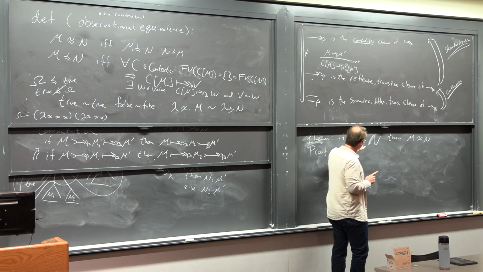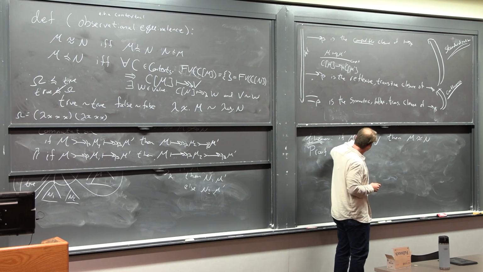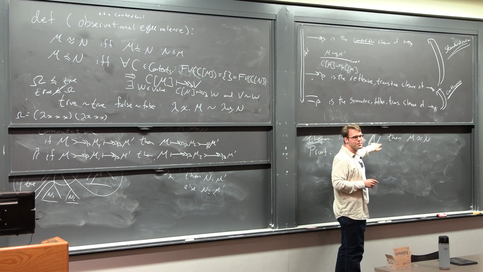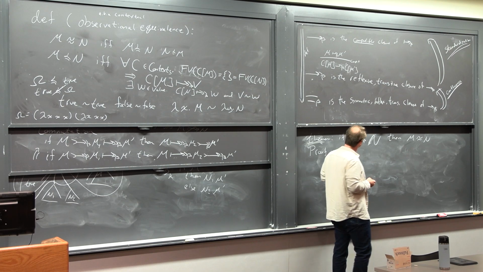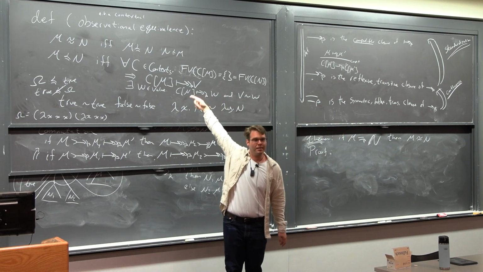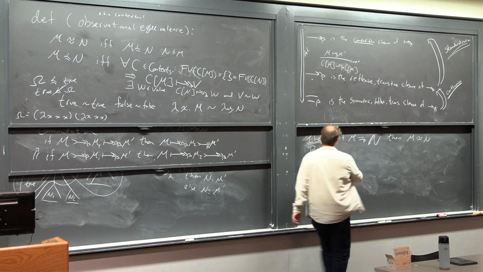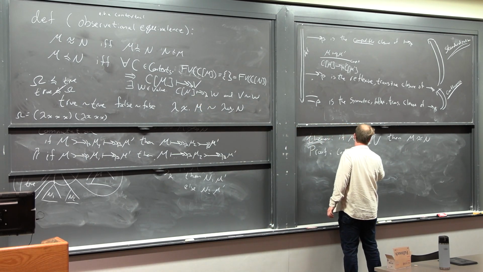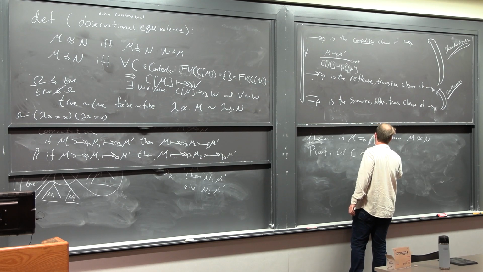Let's do that. You give me a derivation, M is beta convertible to N using rewriting rules. So I have to show that they're contextually equivalent, which means something about a whole bunch of contexts, right? So let C be a closing context.